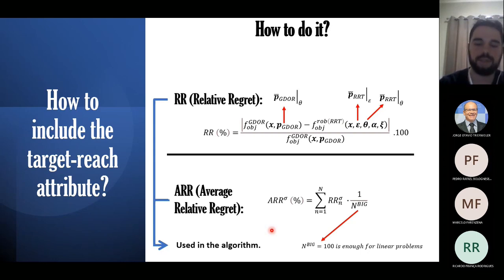For each normal uncertainty, you are going to do n optimizations. And in the paper, we found that 100 or even 50 optimizations for each of these normal uncertainties is enough for linear problems, okay? So this is the amount required, actually.